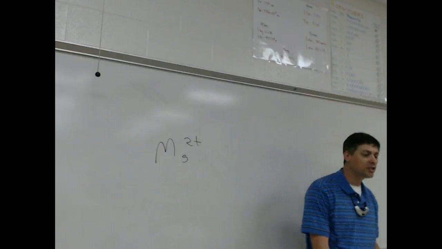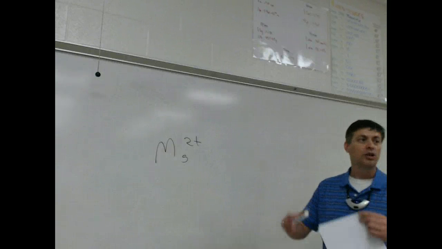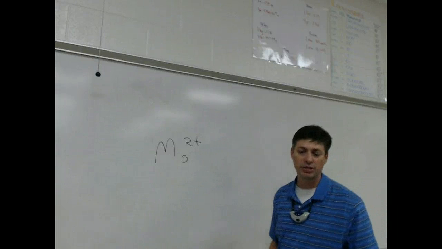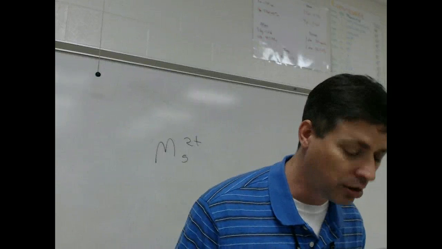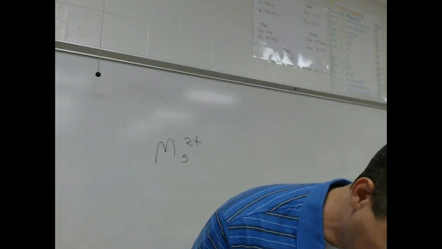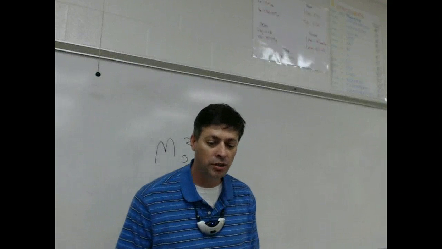Oxidation number is basically something we use for bookkeeping for electrons. Before the end of the class, you'll see what I mean by that, but they are not synonymous. So I try to avoid saying oxidation number when what I really mean is charge on a monatomic ion. There are some rules for determining oxidation number.